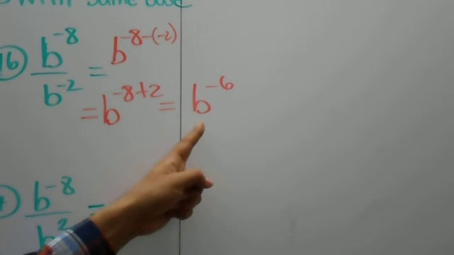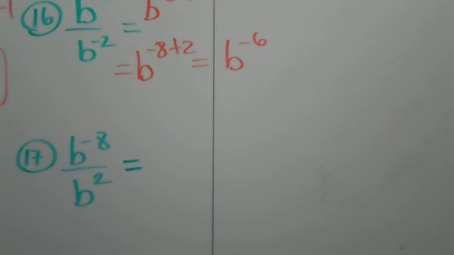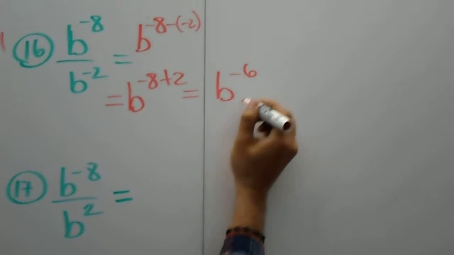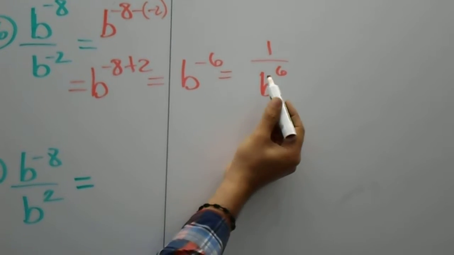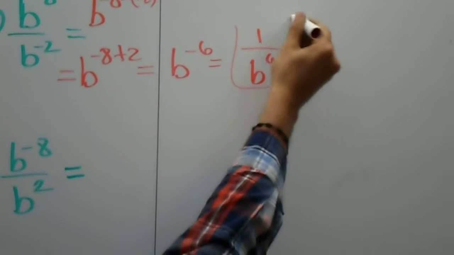I told you before that b raised to the negative 6 cannot be an answer because you have to have positive exponents as an answer. So your answer here is going to be 1 over b to the 6. Your exponent is positive, therefore you have finished here.